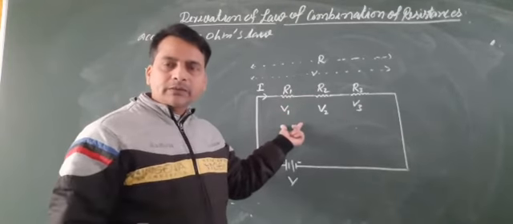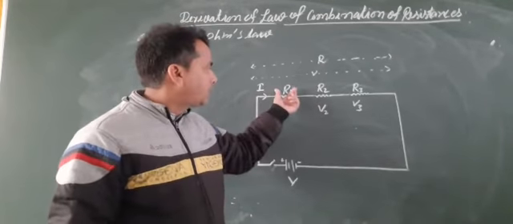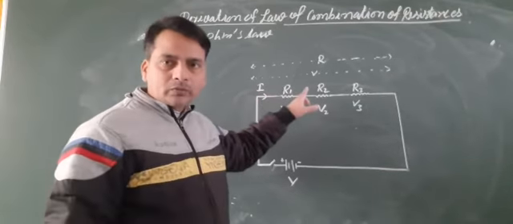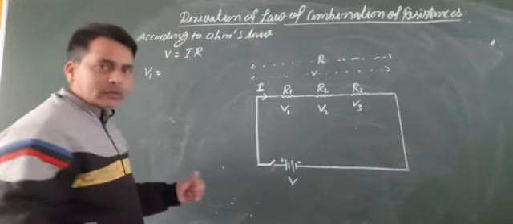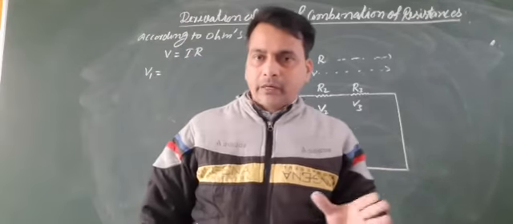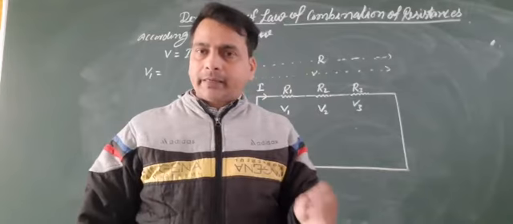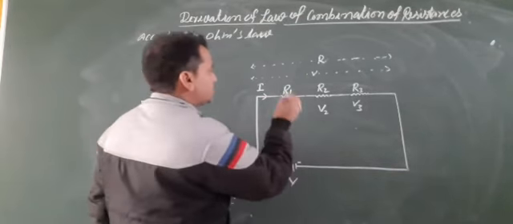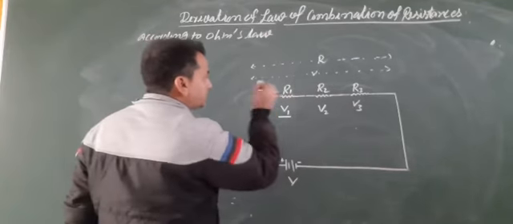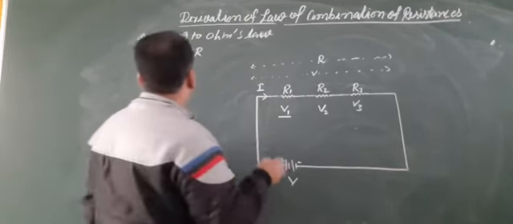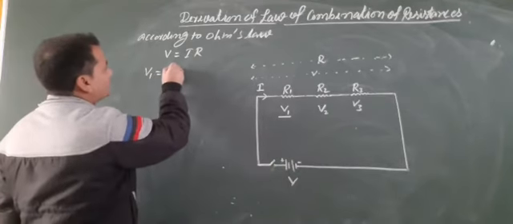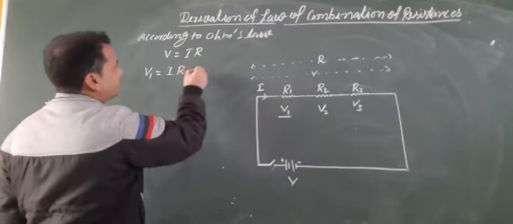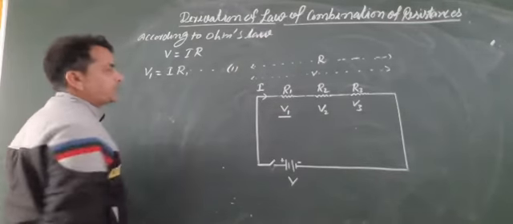Then the potential difference V1 on R1 is net current I into R1. That is the first equation: V1 equals I into R1.